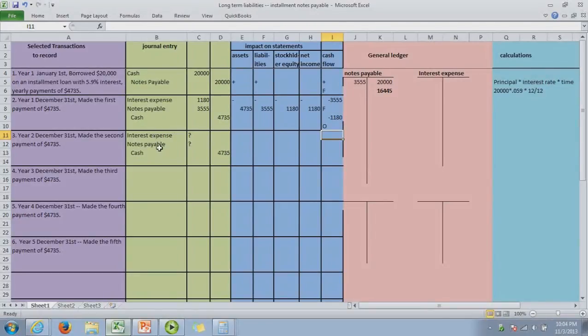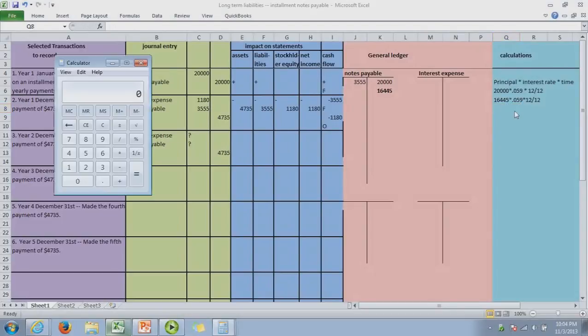Then the next payment is similar, but this time we notice, of course, our principal has come down. So we have 16,445 times the interest rate. And again, if it were monthly, you'd have 1/12.